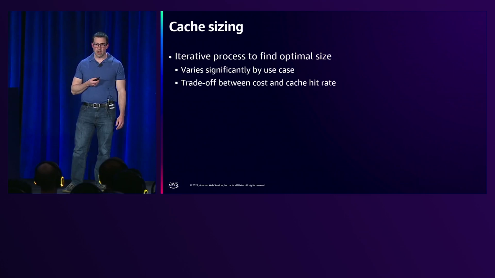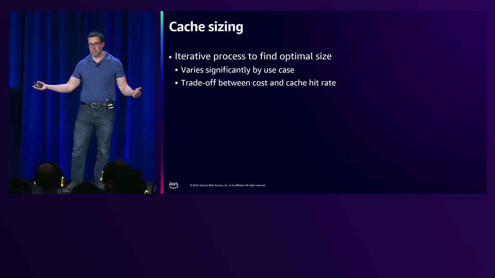In general, there's a trade-off between the cost, basically the size that you've had, and the cache hit rate. For pure caching workloads, you're going to get diminishing returns after a certain threshold as you continue to scale out, where it might be better just to keep a smaller size and have perhaps a slightly lower hit rate overall.